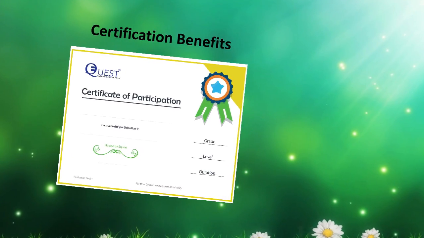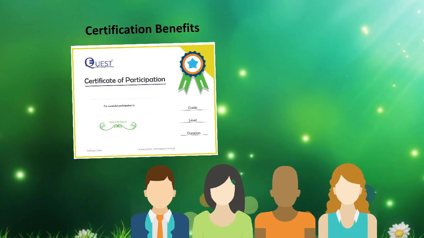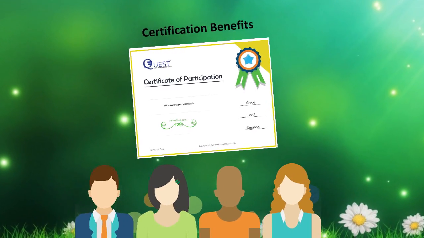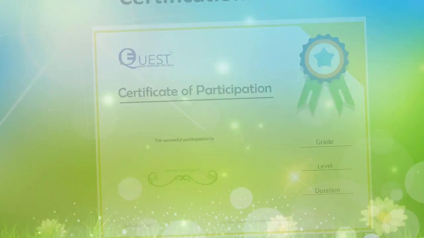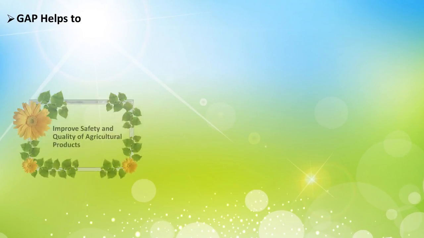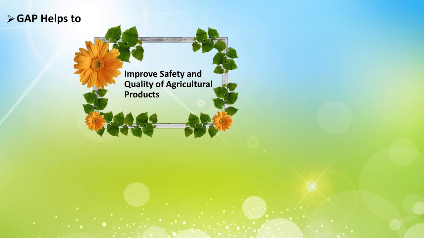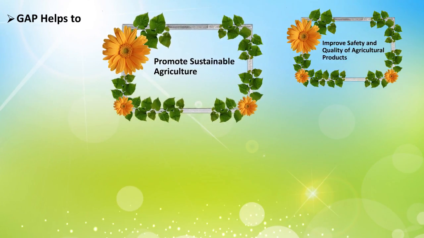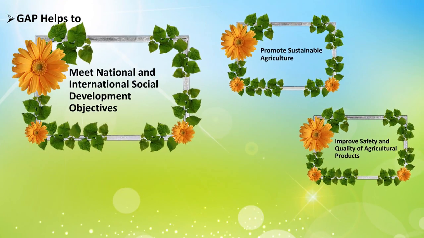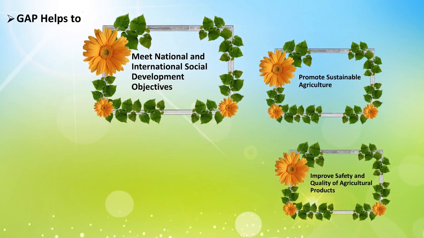After completing this course, the participants will know how good agricultural practices ensure benefits, like appropriate adoption and monitoring of GAP helps to improve the safety and quality of food and other agricultural products. Adoption of GAP helps to promote sustainable agriculture and contributes to meeting national and international environment and social development objectives.